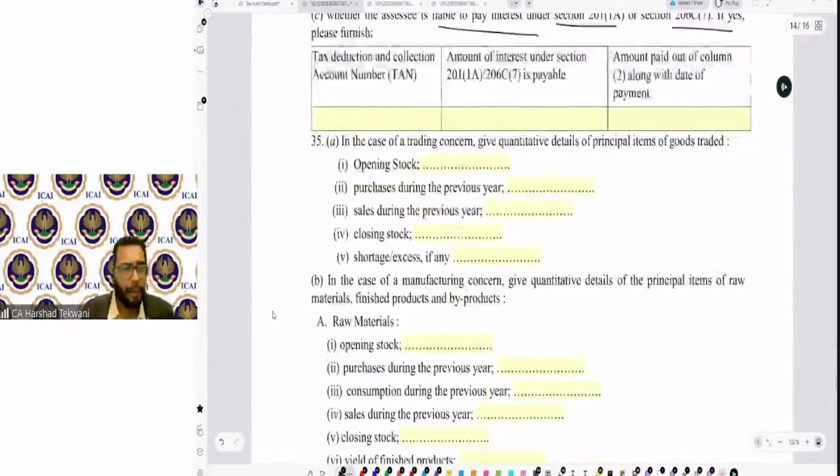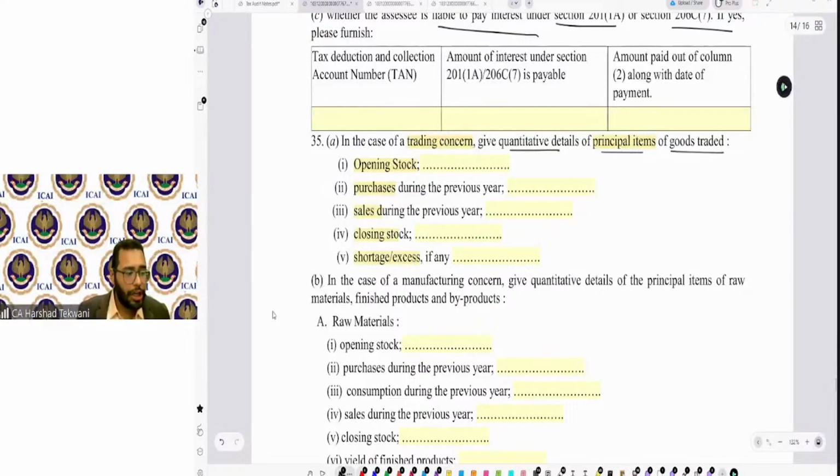35 is with respect to the details about the goods which you are trading in. So you need to provide quantitative details of the principal item of goods traded. Now here, the focus is required to be given on the term principal items, not all items. And this is in case of a trading concern. You need to provide quantitative details with respect to opening stock, purchases, sales, closing stock, shortage, and excess.